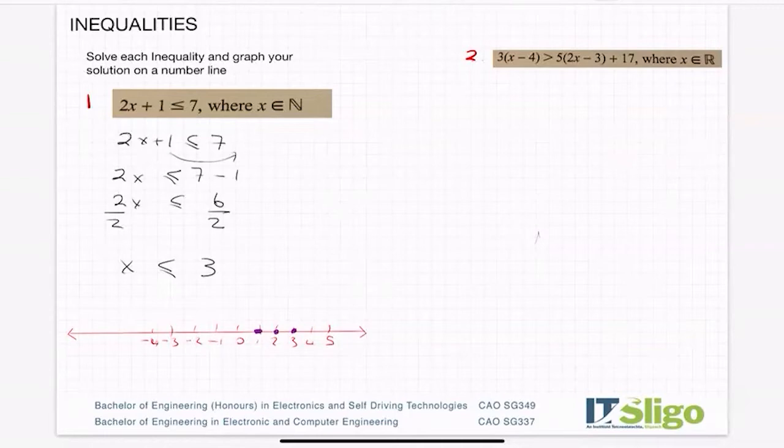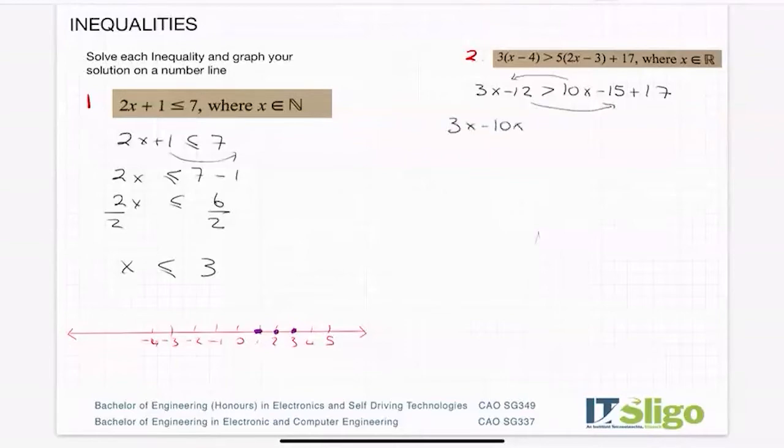Well, the first thing we have to do is work this out. So we have 3x minus 12 is greater than 5 times 2x minus 3 plus 17. 3x minus 12 is greater than 10x minus 15 plus 17. Okay, and just like before, I would put the x's to one side and the numbers to the right, so that I end up with 3x minus 10x being greater than minus 15, which is already on the right, 17 is already on the right, but it's the minus 12 that's going to move, and so it will change sign.